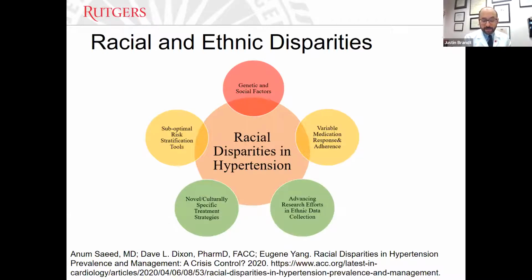We need to implement healthcare policies at the national and state level to reduce these disparities. And finally, while the genetic and environmental factors that contribute to these disparities are not well understood, we need more research there. But the development of cardiovascular disease risk tools for minorities and the evolution of precision medicine may help optimize hypertension management in pregnancy. We need to work on this especially.